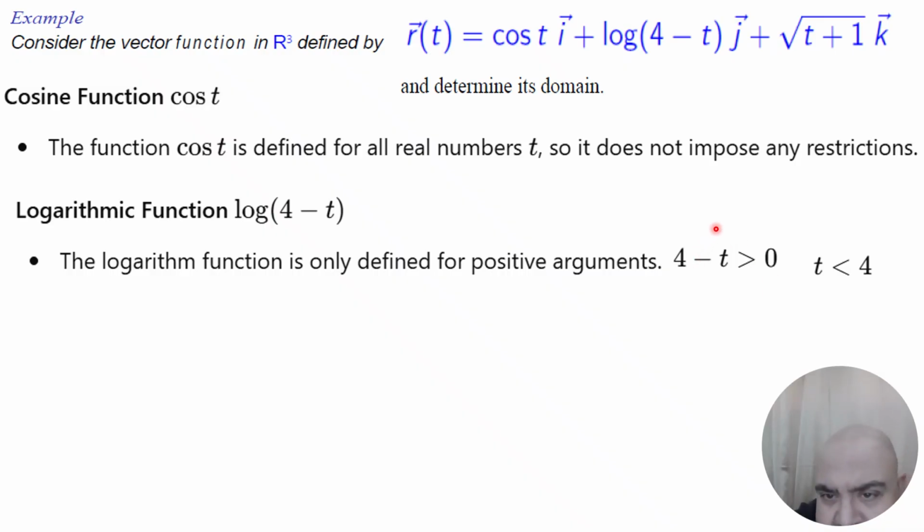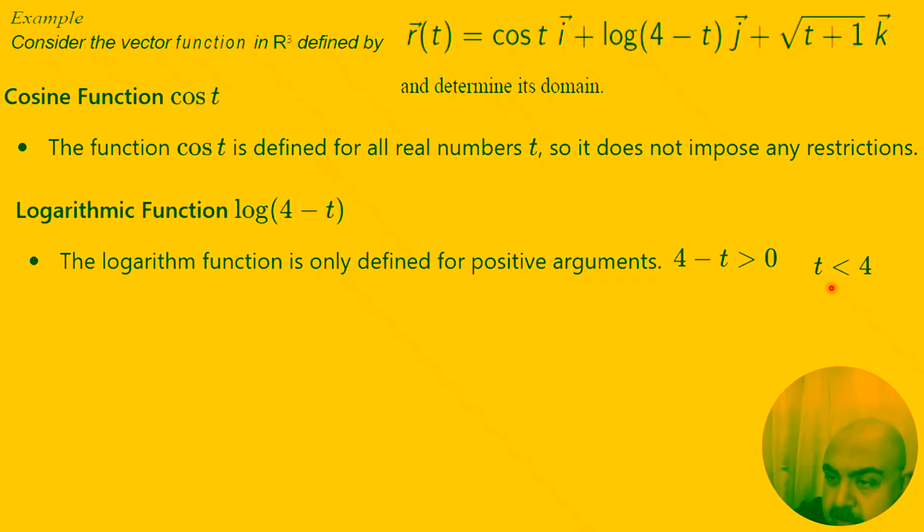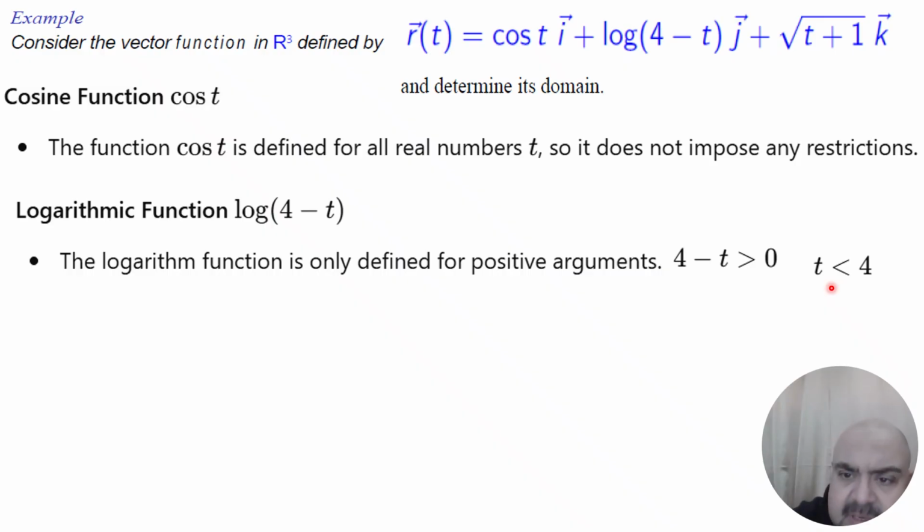If you move negative t to the other side, I will have a limitation on the value of t: it must be t less than 4. So according to this condition, the second component should be fine for having t less than 4. The first has nothing, it's okay with any value. And for the second, that's the condition to make it defined.